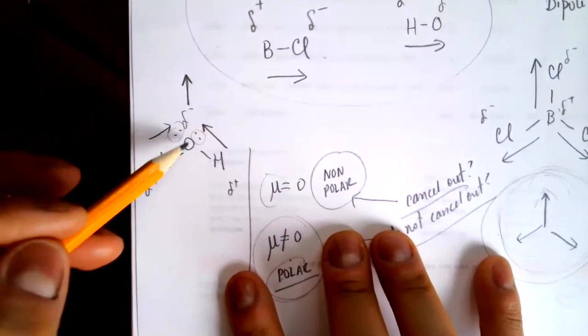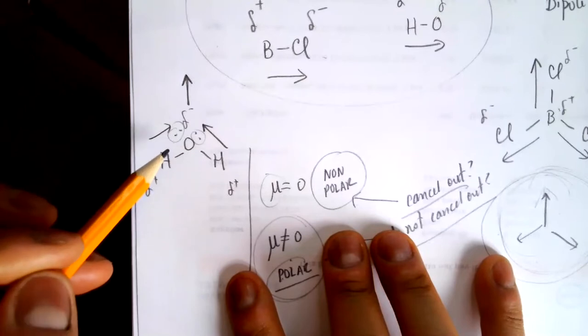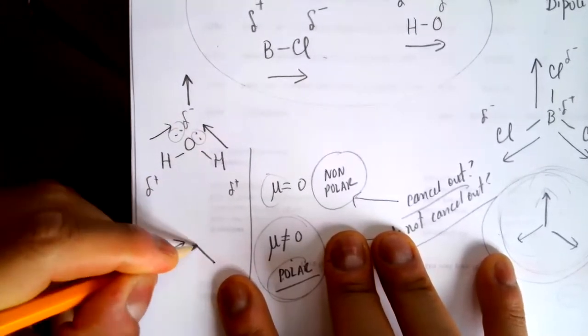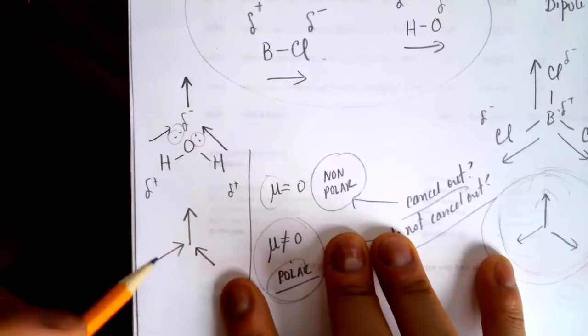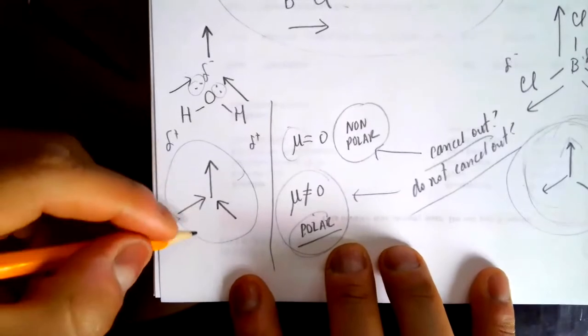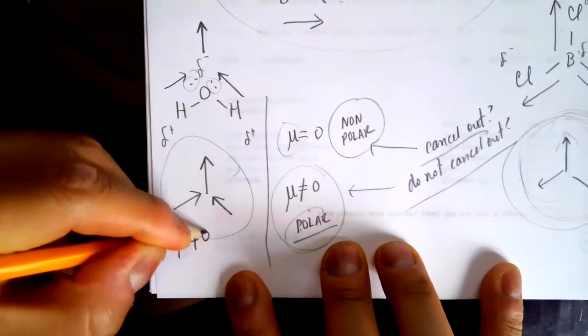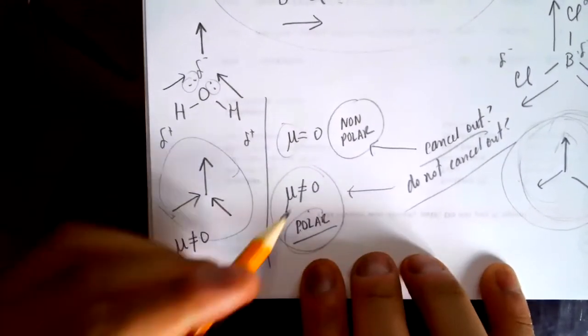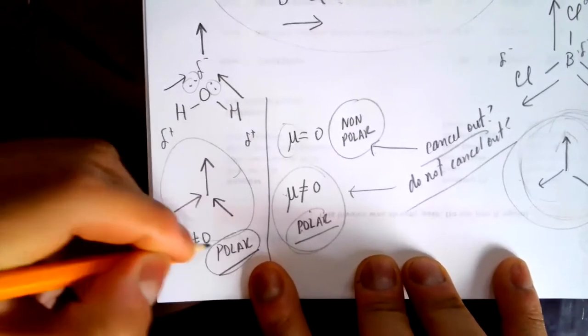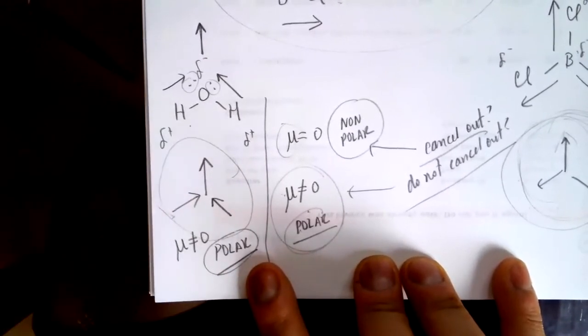Don't worry about this, we will do more on this later. But the polarity of oxygen is up, up, up. So how are the fields? Up, up, up. Do you think these cancel out? No. If they don't cancel out, that means the dipole moment is different from 0. If it's different from 0, the molecule is polar. So that's why water is a polar molecule.